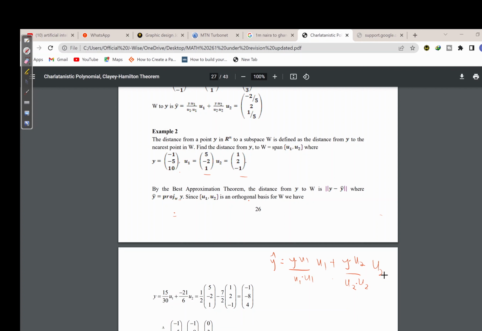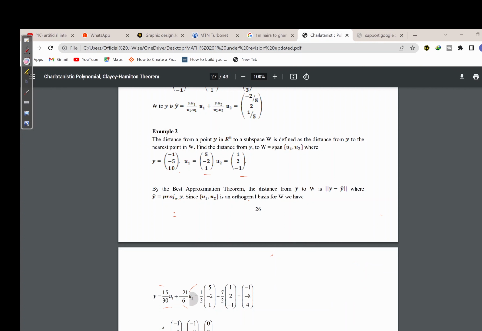When you simplify, you get y dot u1 to be 15, u1 dot u1 to be 30, y dot u2 to be negative 21, and u2 dot u2 to be 6. So when you simplify it, you get (-1, -8, 4).